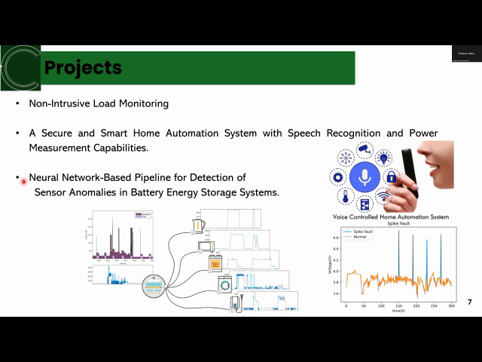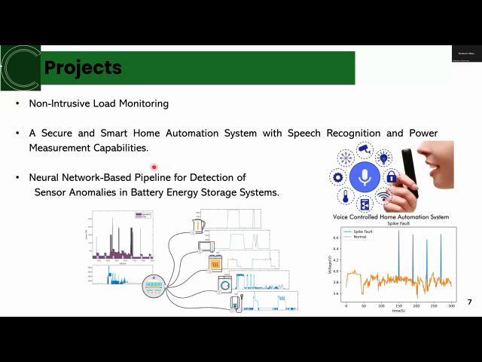We have implemented the speech recognition system on a Raspberry Pi, which identifies the speech in real time and processes all the NLP tasks in real time. It identifies all the keywords we are saying and understands what we are saying, all on the edge device, and it controls the devices: turn on the light, turn off the light, or what is the power usage up to now from the fridge. All these details can be gathered from the Raspberry Pi. Raspberry Pi is a small edge device that we use, right?